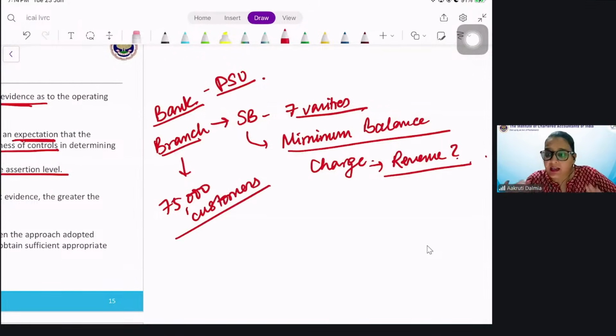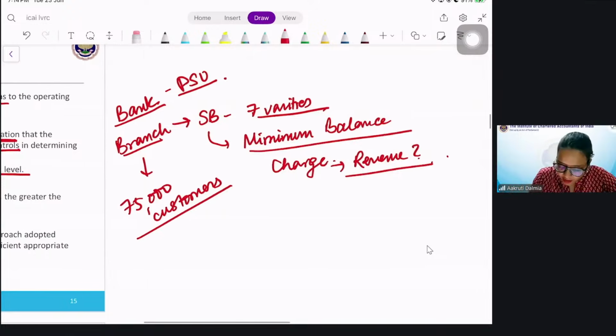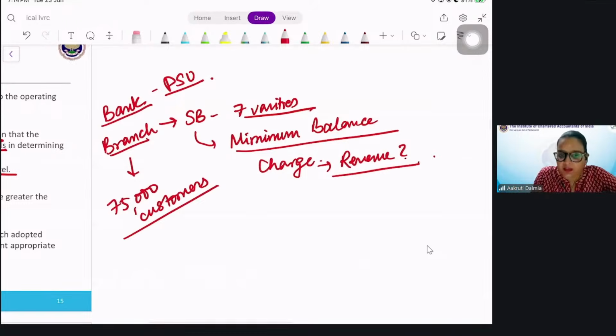Now, if I want to complete the audit on time, do you think I can check for the 75,000 customers each day, for 12 months, to find whether all minimum balance charges have been taken or not? Do you think it's possible?